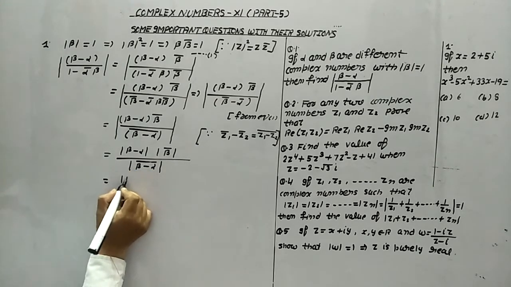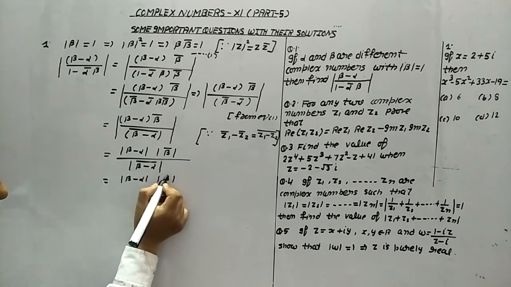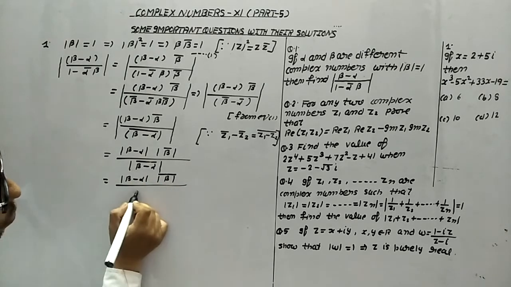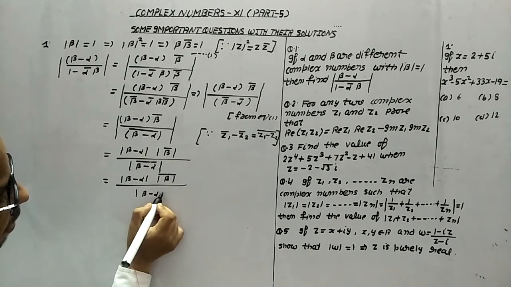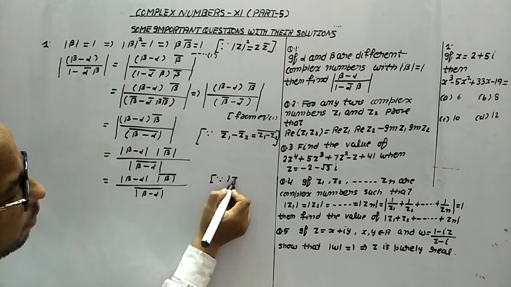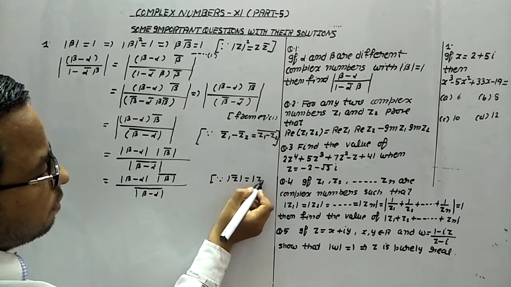Now this is beta minus alpha, this is beta, modulus of this becomes beta bar, and this is also modulus of beta minus alpha bar. Which property are we using here? We know that modulus of z bar is equal to modulus of z.